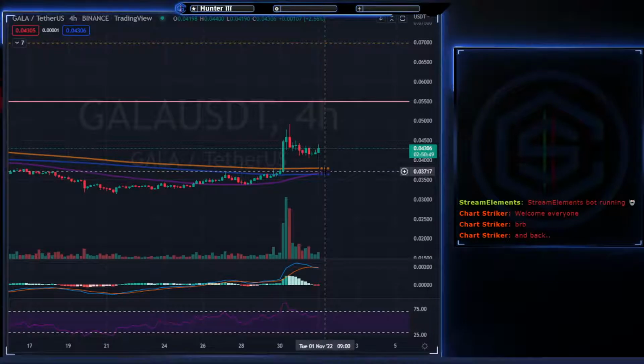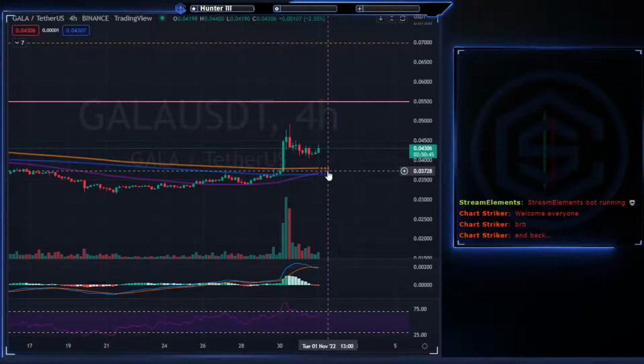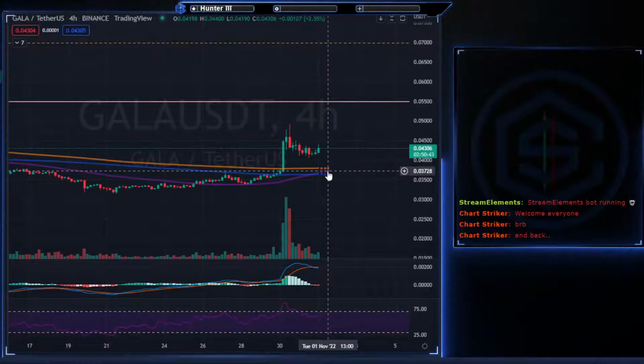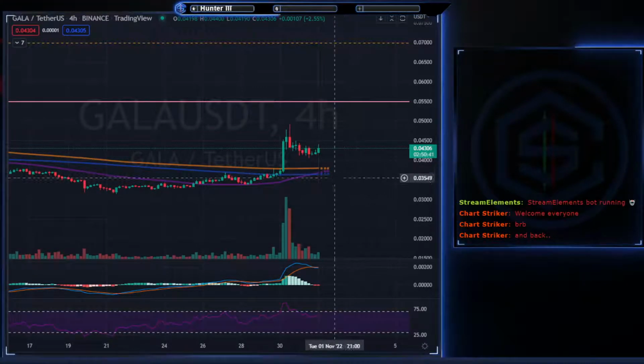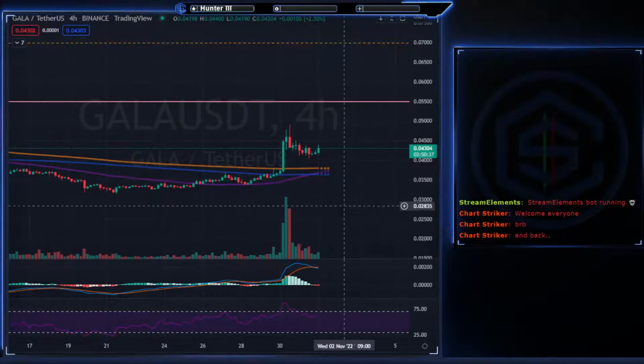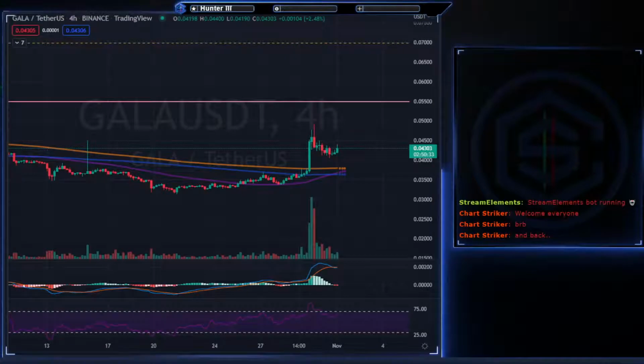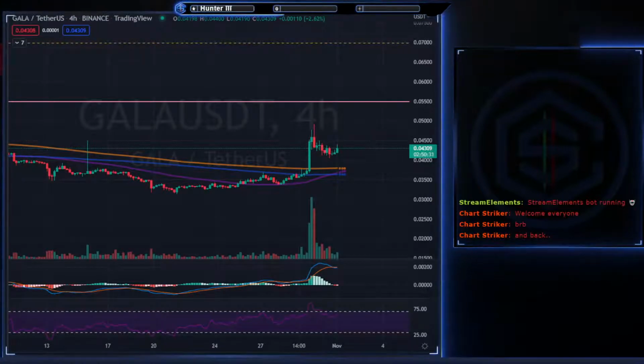I hope you guys can see the price in the price bar when I'm moving the cursor. So that's Gala right now.